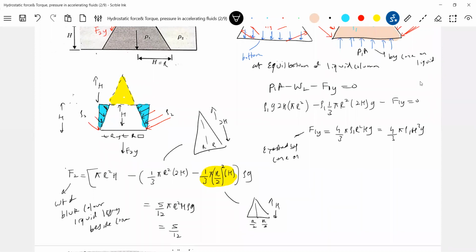So 5 by 12 pi h cube rho g. Okay, this is F2y, whose ratio is what is being asked.